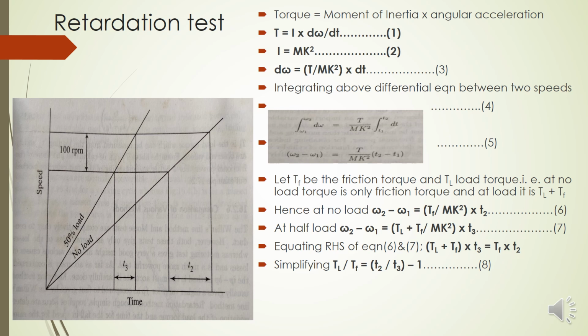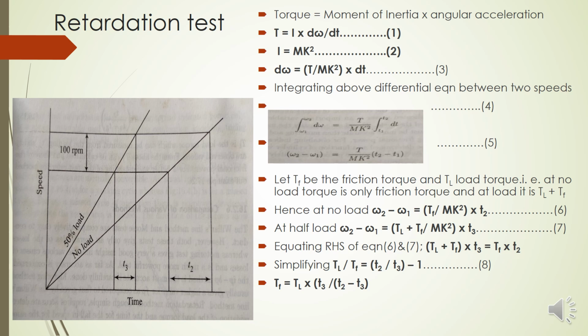Again simplifying, dividing throughout by TF and rearranging, we get TL by TF is equal to T2 by T3 minus 1, or TF is equal to TL into T3 divided by (T2 minus T3). So this is our equation.